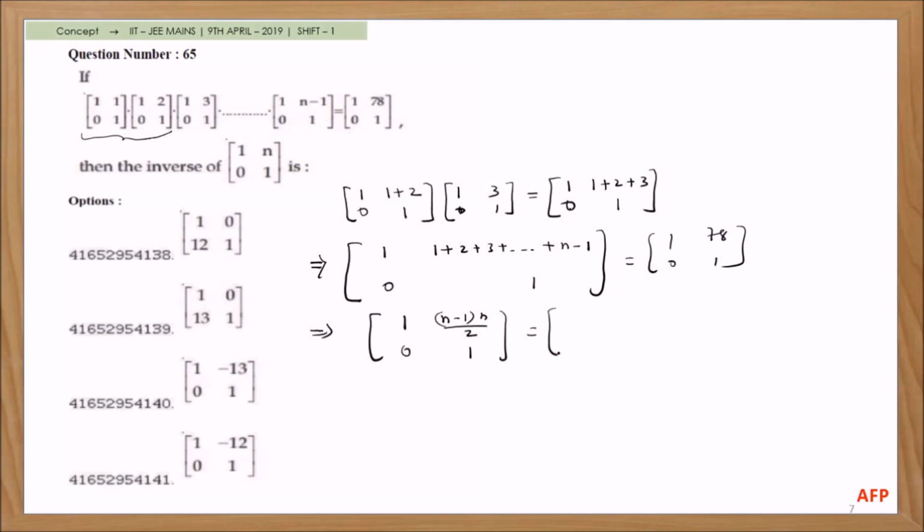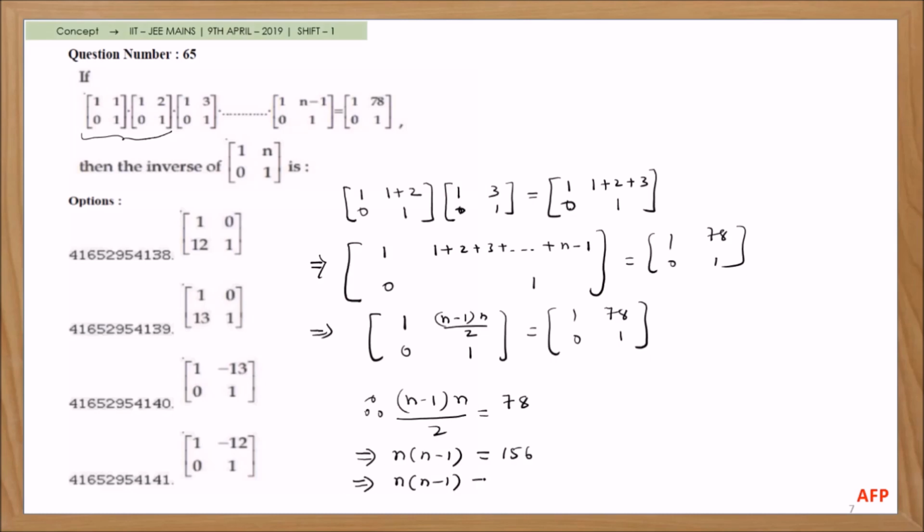So it is nothing but n minus 1 into n divided by 2 equals 78. So this implies n into n minus 1 is 156 you got. So 156 can be written as 13 into 12.